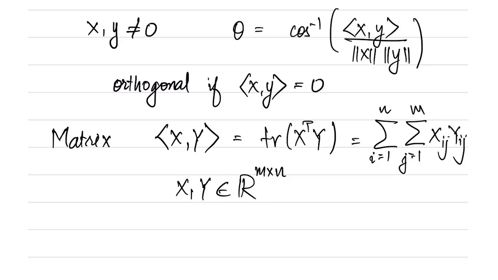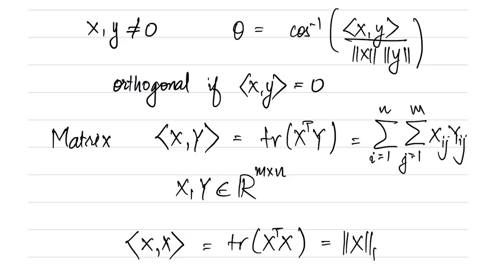In general, x and y have to be the same size for the inner product to be defined, and in the same way it is possible to define the Euclidean norm, or the inner product norm, for this inner product, which is given by trace of x transpose x.